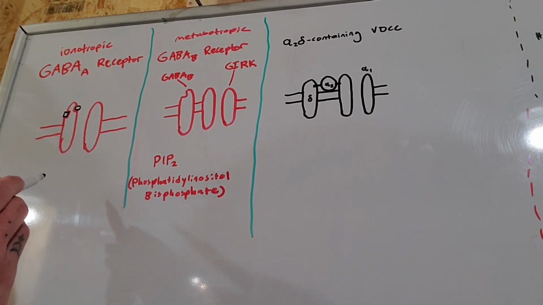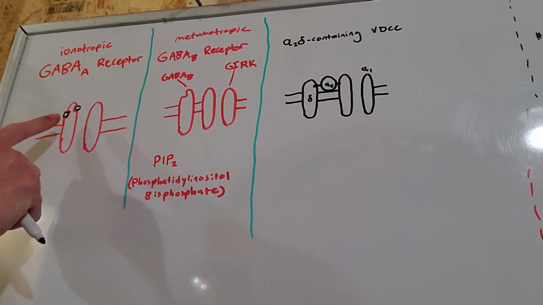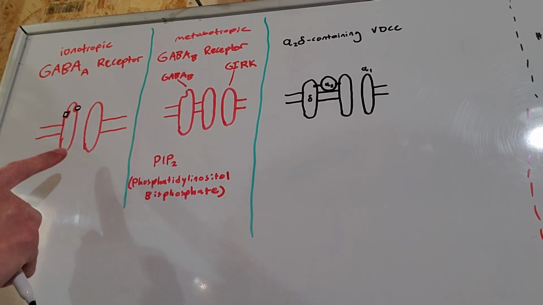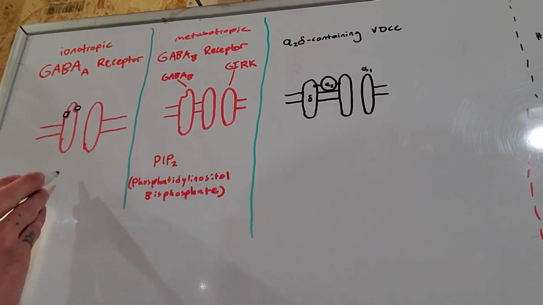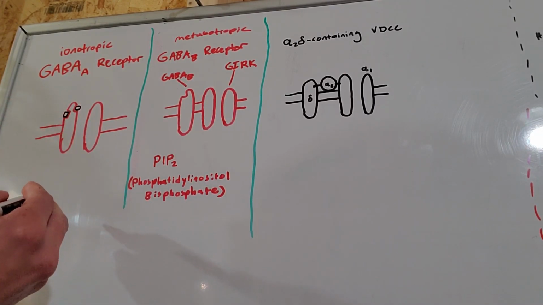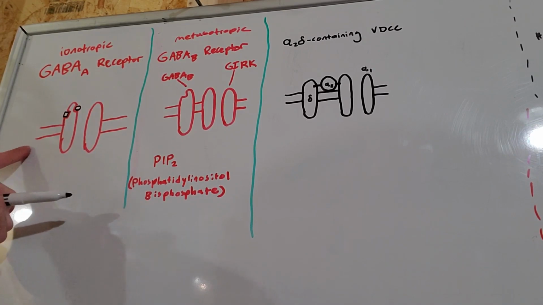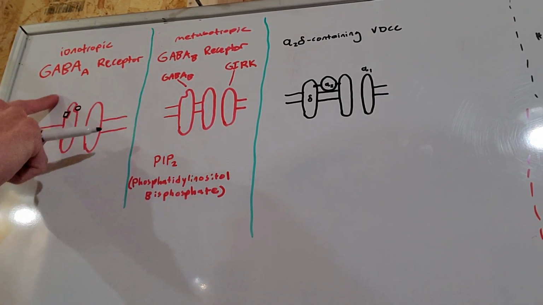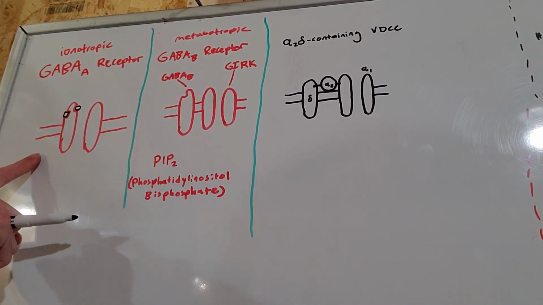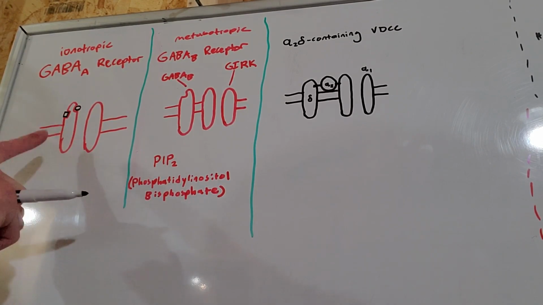And what that means is, usually these are in a closed conformation when there's no GABA bound to them, but right now they're illustrated as open. So when the GABA binds here, it opens the receptor or the ion pore. This is a side view, and this is the cellular membrane here. This is the synaptic cleft, the extracellular space, and this is the intracellular neuron that's associated with this receptor.